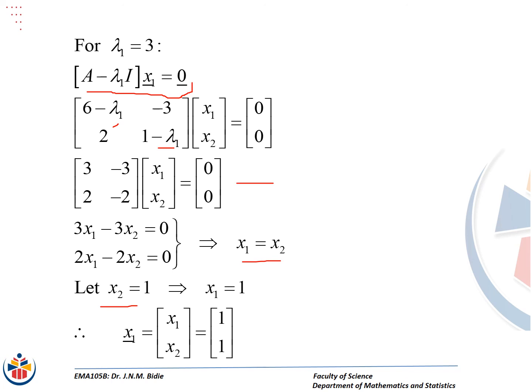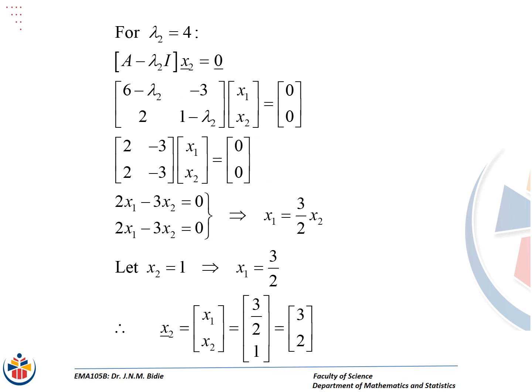Let's try and do for lambda 2 equal to 4. We do exactly the same. Lambda 2 equal to 4. Did that substitution in there. And then my matrix form of the equations is 2, negative 3, 2, negative 3, the constant matrix, x1, x2 as the variables, and equal to 0, 0.